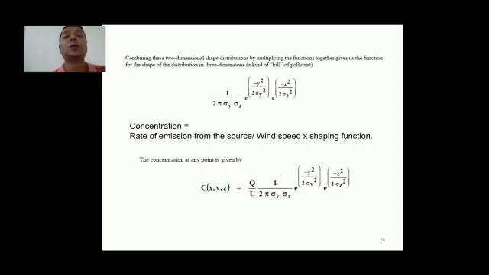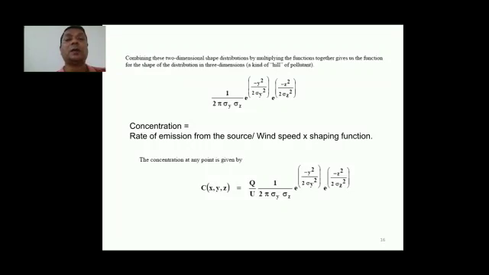Now concentration is equal to rate of emission from the source divided by wind speed and multiplied by the shaping function. So the concentration at any point is now given by C(x,y,z).